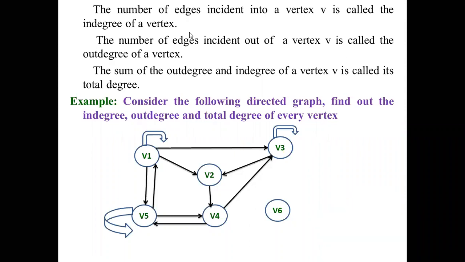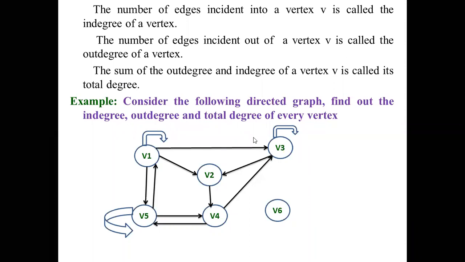The number of edges going out of a vertex V is called the out degree of a vertex. So going out from V is the out degree and coming towards V is the in degree. The sum of the out degree and in degree of vertex V is called its total degree.